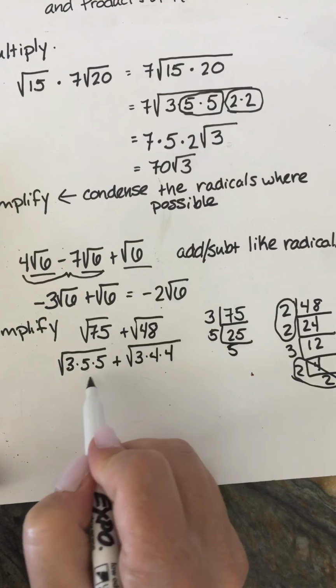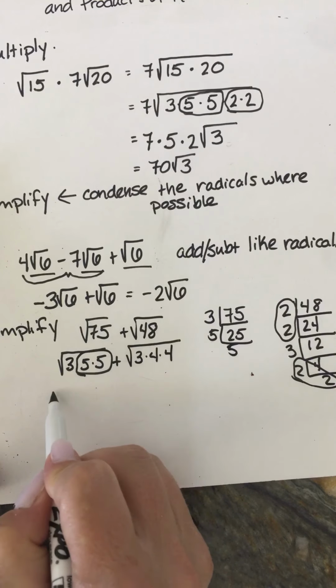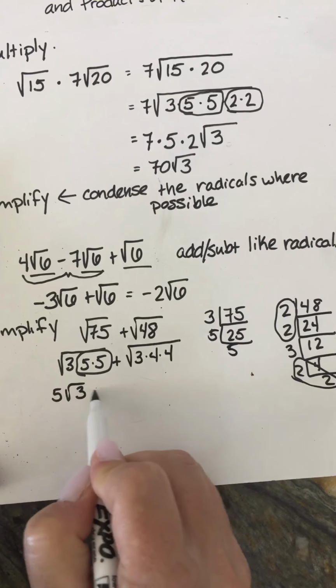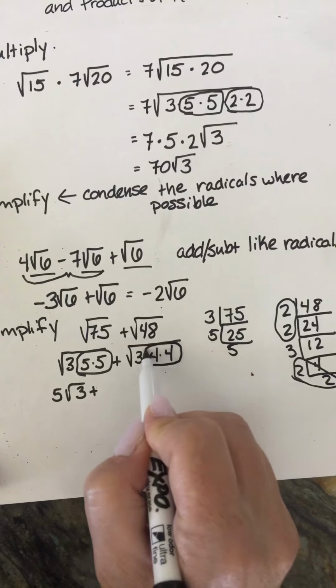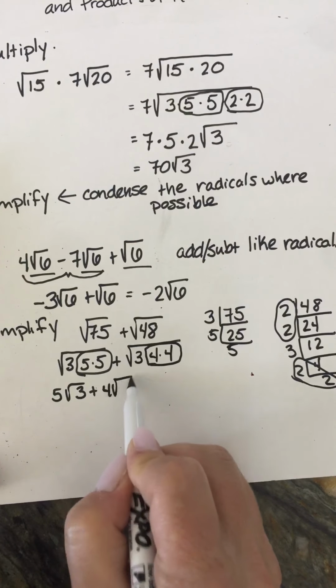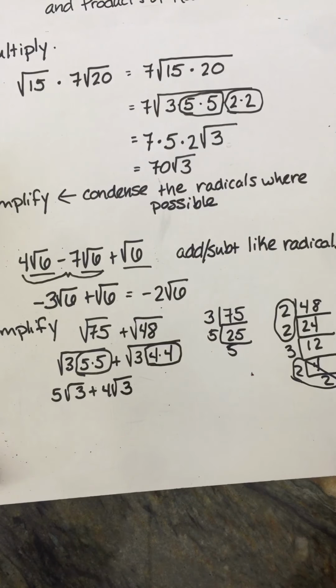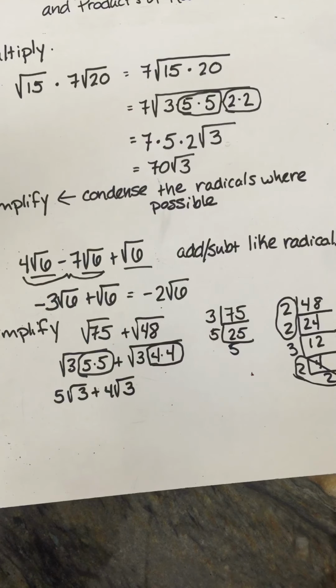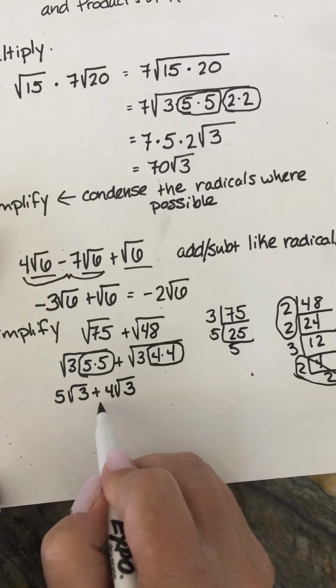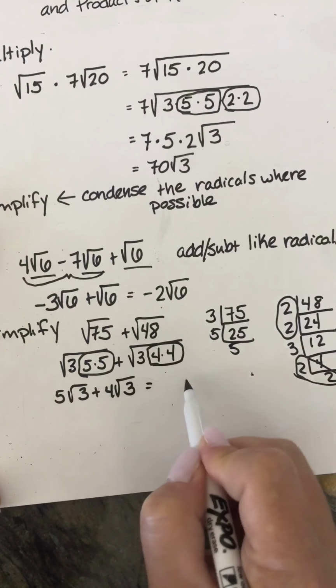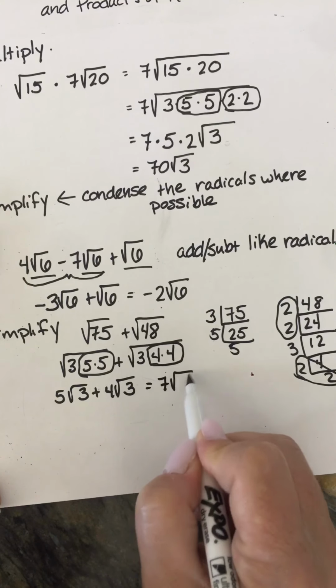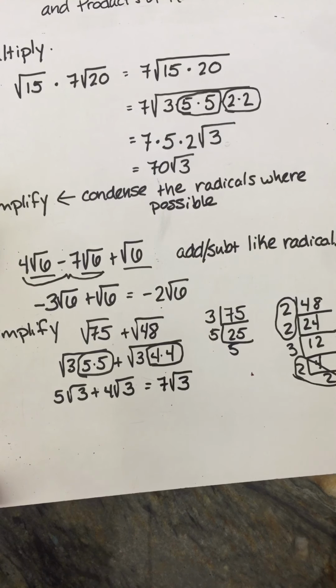So now that I'm looking for doubles, 5 square root 3 plus 4 square root of 3. Okay, now do I have like radicals? Check. So 5 square roots of 3 plus 4 square roots of 3 give me 7 square roots of 3.